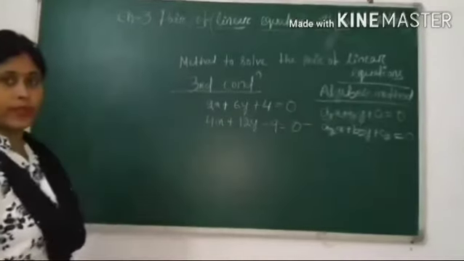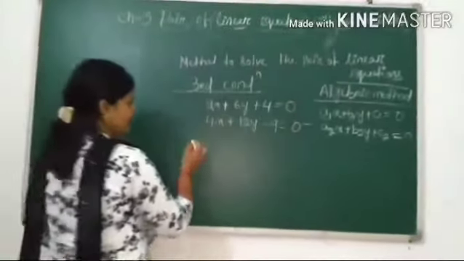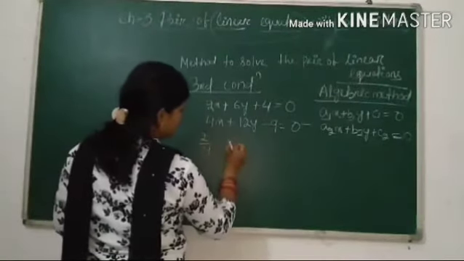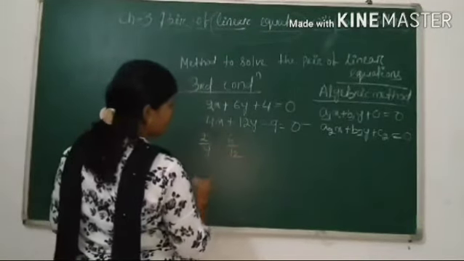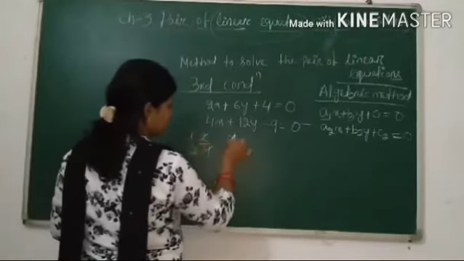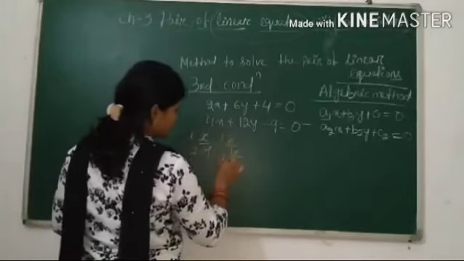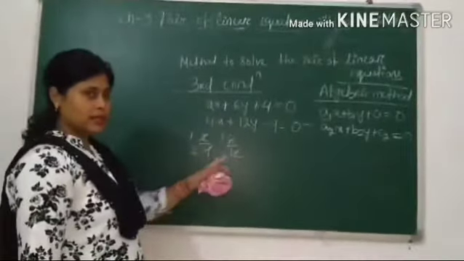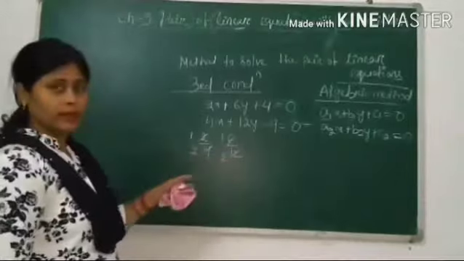These are two equations. Let's compare this. 2 by 4. Here 6 by 12. If I cut, I will get 1 by 2. If I cut, I will get 1 by 2. So are they equal? Surely they are equal.